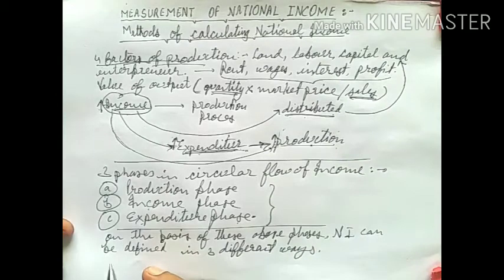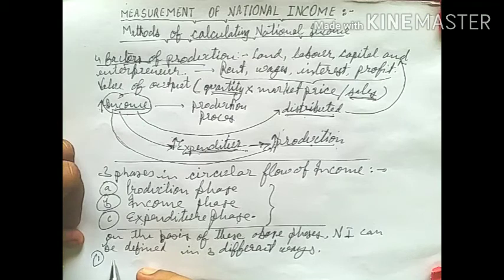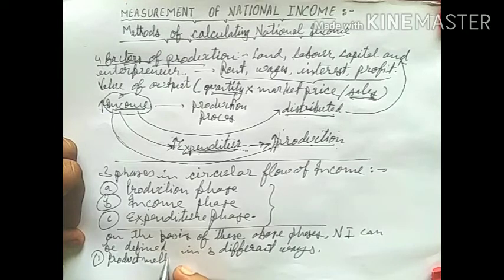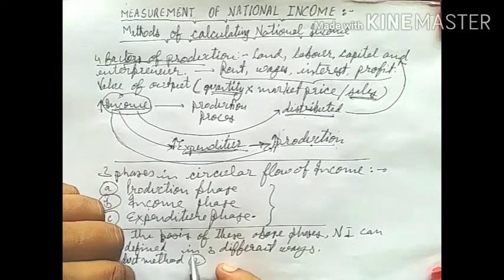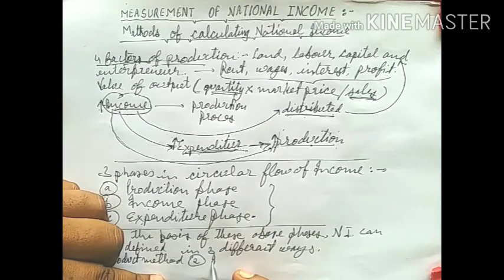First one is national income with the help of product method. And second one is income method.